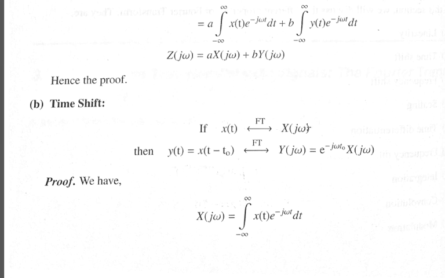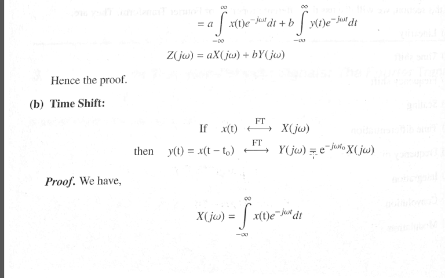Let's say x of t and X of j omega are the time domain and Fourier representations. x of t minus t naught is the time shifted version of x of t. So let's substitute x of t as x of t minus t naught in the analysis equation and find out what result we are getting. It is e raised to minus j omega t naught, X of j omega.